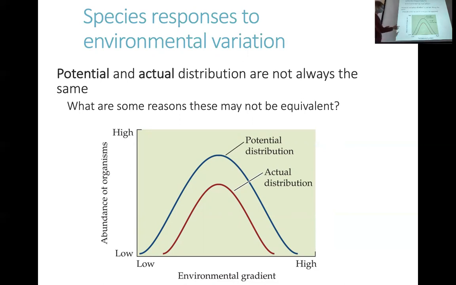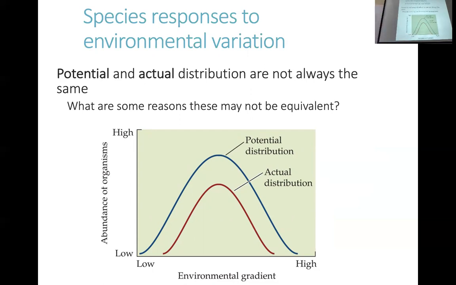So here you can see a very simplified graph, abundance of organisms here, some kind of environmental gradient on the x-axis. Potentially, this species could inhabit all of this range of the gradient. But really, they can only survive within these boundaries.